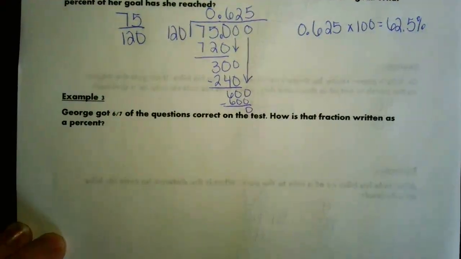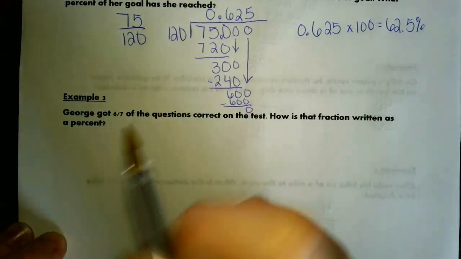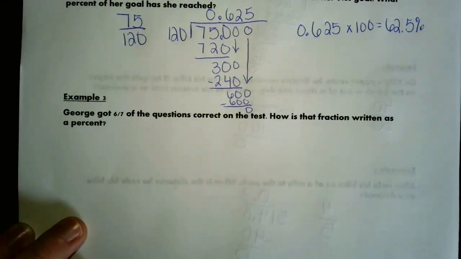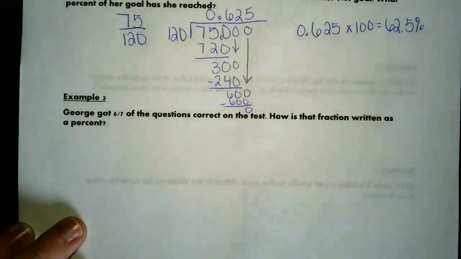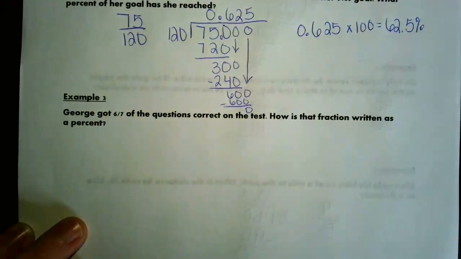So we are going to round to 3 decimal places, or to the thousandths place, and then we're going to stop. So, George got 6/7 of the questions correct on the test. How is that fraction written as a percent? So what percent did he get on his test?